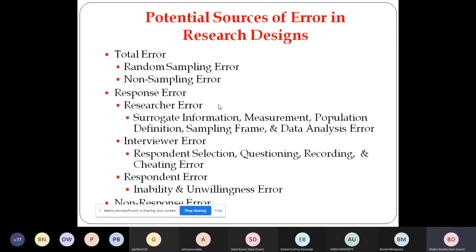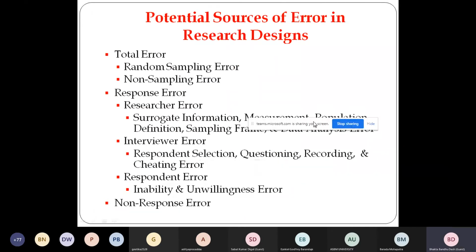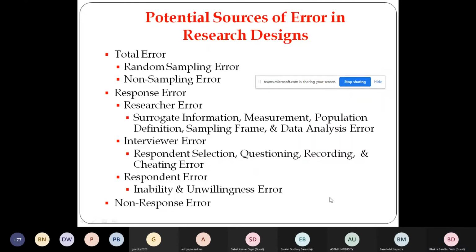Then the next one is respondent error. Sometimes you go into a context which is very non-responsive, and there you will notice that people have an inability and unwillingness to express their views. Suppose you want to study the job satisfaction of employees, and you are asking them some sensitive questions.